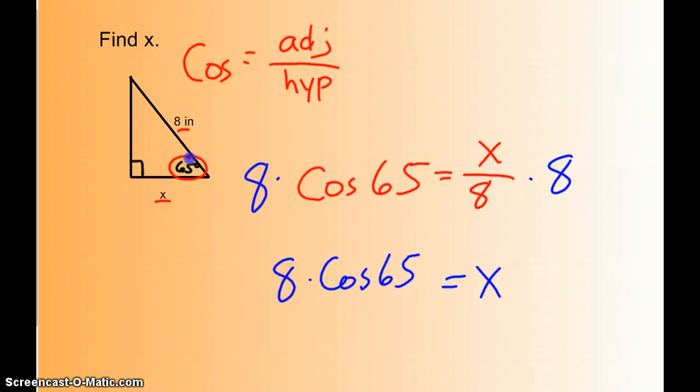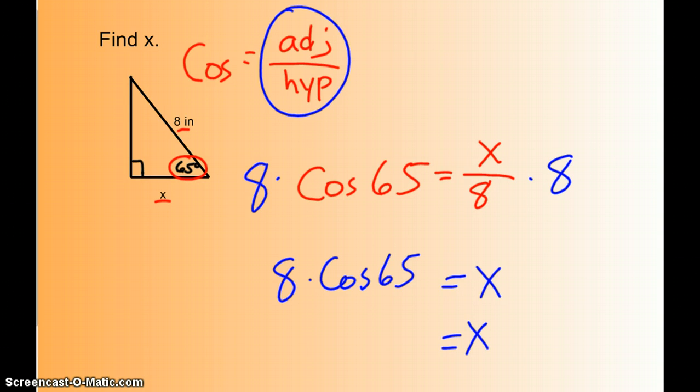It's a constant value, and it's a constant value that is always going to be less than 1. Because we have this adjacent over hypotenuse, the hypotenuse is always the longest side, so therefore that fraction is always going to equal a value less than 1. So I take out my calculator and I do 8 times the cosine of 65, and that gives the solution.